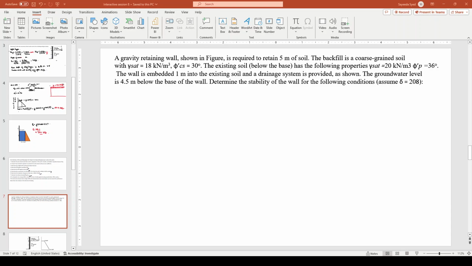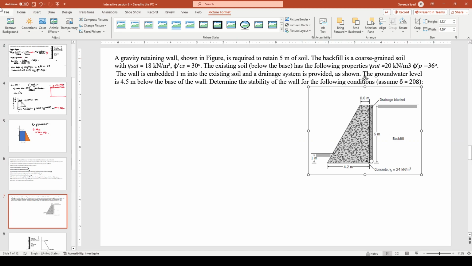Yes. There are not two layers. Basically, a gravity retaining wall is shown here. Gravity retaining wall is shown in figure. It is required to retain 5 meter of soil. Backfill is coarse grained soil with gamma saturated.